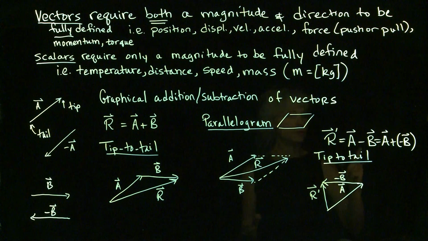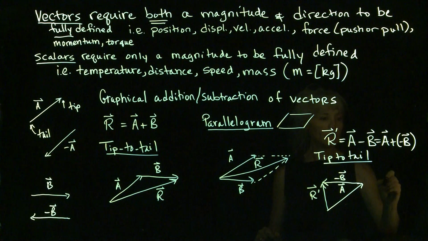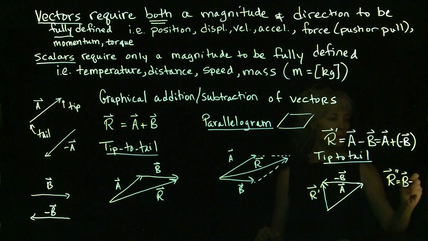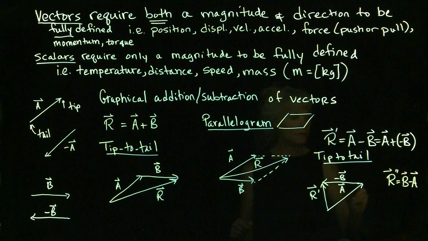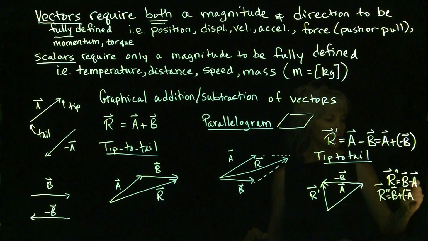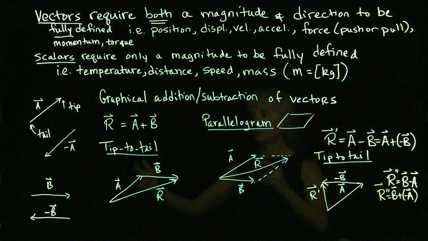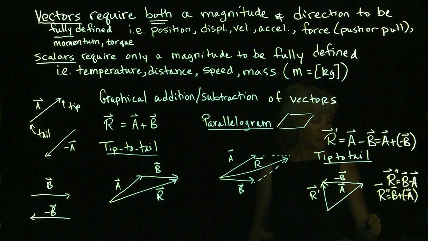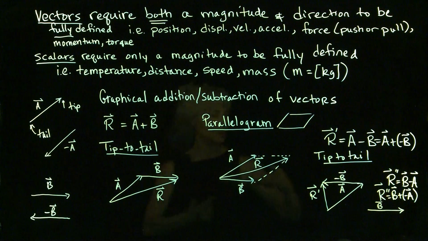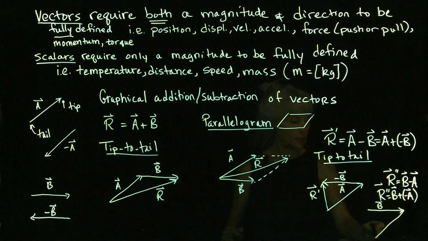And notice that the order of subtraction matters. In other words, now let's look at a vector R double prime, and this vector is going to be B minus A. So vector R double prime is going to be B plus (minus A). So again, using the tip to tail method, we just simply pick up vector B, we place vector B here, and then tip to tail, we're going to add vector minus A. So here's vector minus A, we simply place it right here.